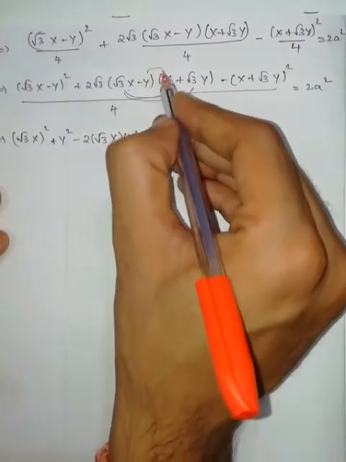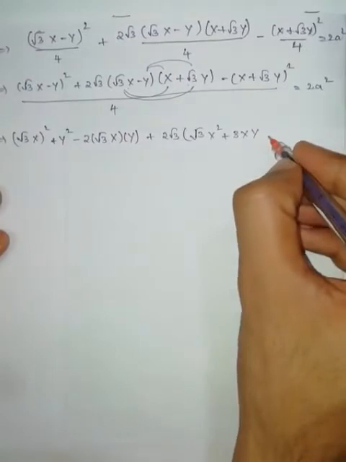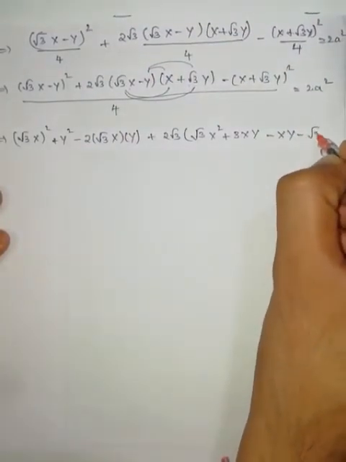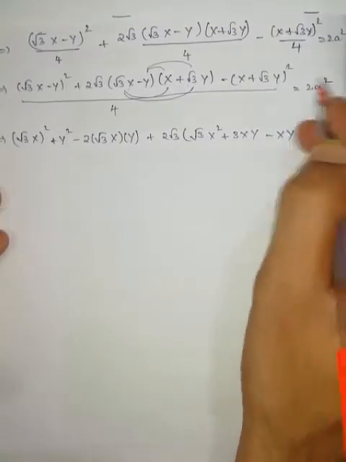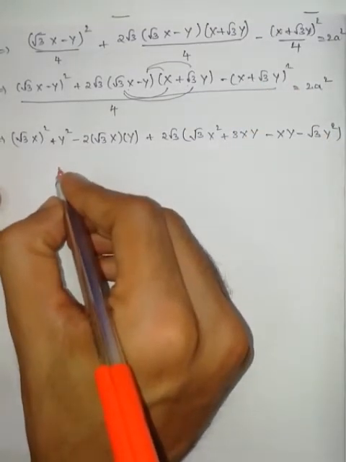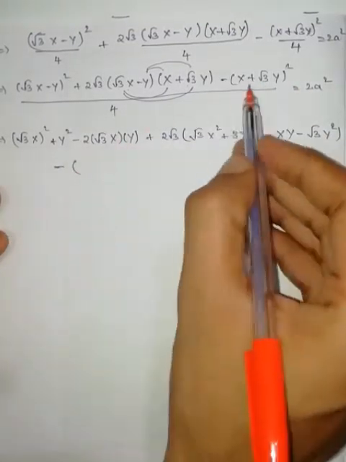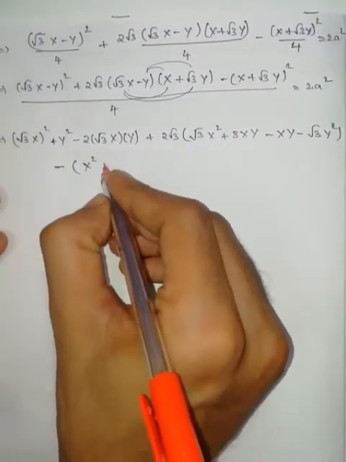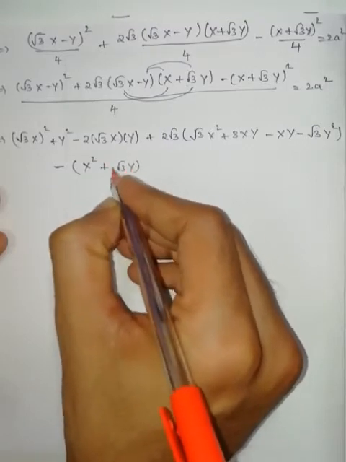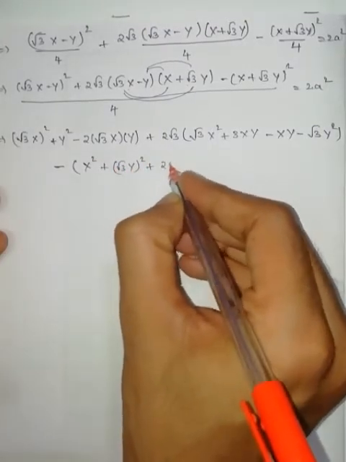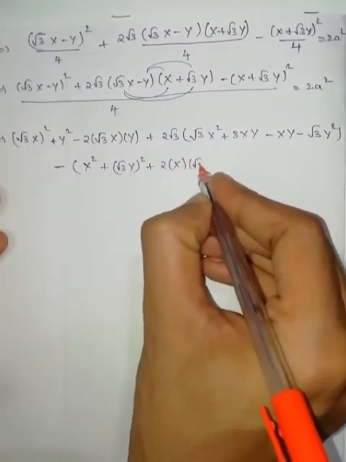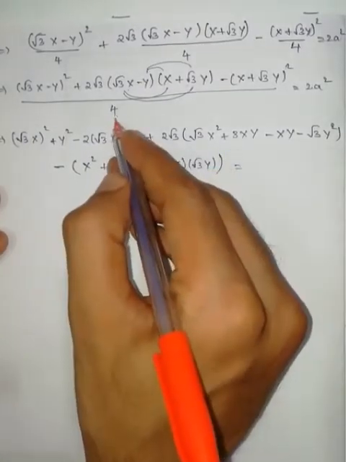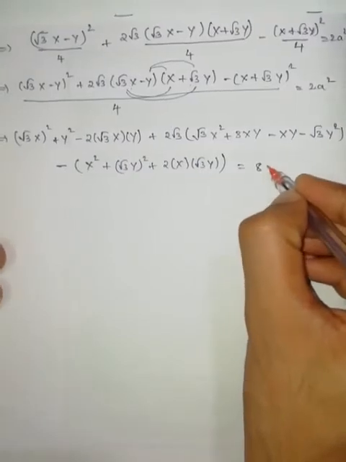Now this one into this one and this one into this one: minus XY minus root 3 Y square. Now this one, minus, is in the form of a plus b whole square: X square plus root 3 Y whole square plus 2 into X into root 3 Y, is equal to, if the 4 goes here, it becomes 8a square.